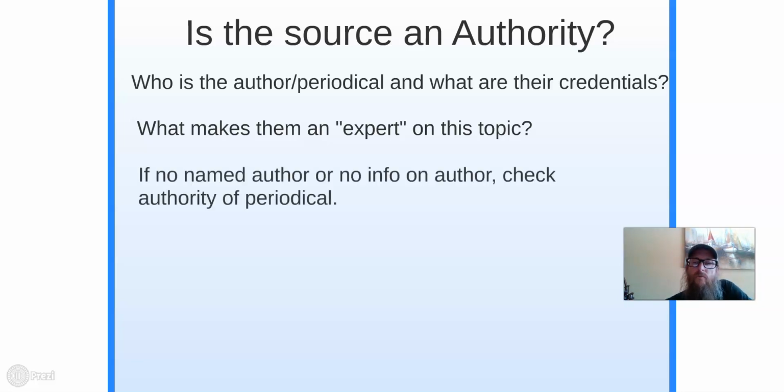So again, you want to evaluate the author of your source to see what makes them an expert. Most sources include what's called a byline, where they give you some information about the author. They tell you where they went to school, or if they're a journalist, they tell you what areas they specialize in, maybe some awards they won.